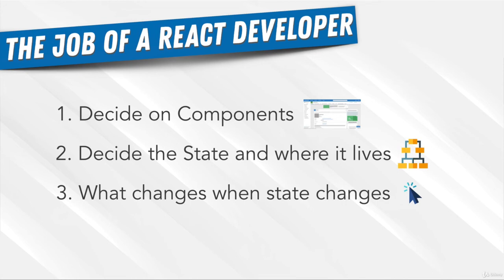But more importantly, we developed the fundamentals so that moving forward, we can start thinking about these 3 things. And I want you to write this down and remember it because it's going to keep coming up throughout the course. This idea of deciding on components, deciding about the state and where it lives, what happens when state changes because of user action. These are all things that nobody's going to tell you.